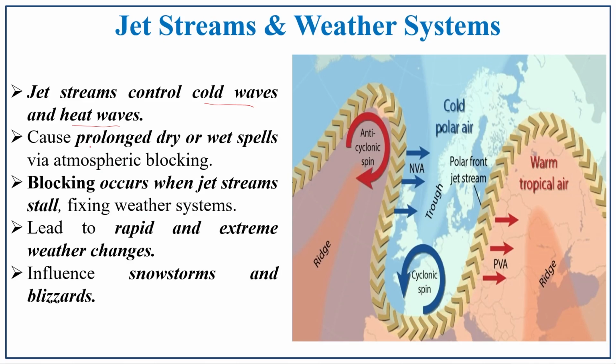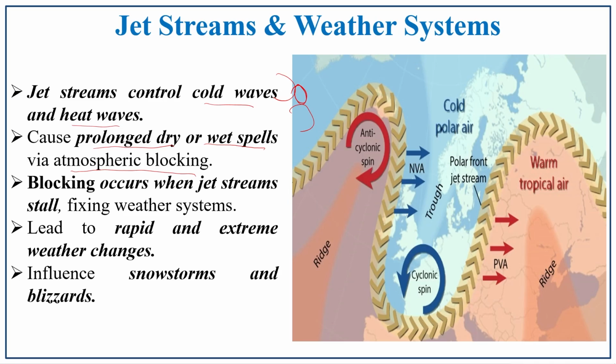It causes prolonged dry and wet spells via atmospheric blocking. So we know that there is a blocking between the cold and warm air masses. So this blocking may lead either to warm conditions, or it may be a dry condition, or it may be a wet condition.